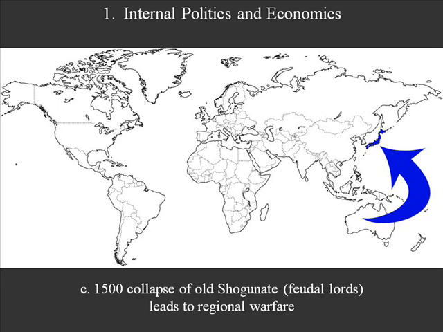Much like in Europe, you attack your neighbor to get his land and property, make it part of your own, therefore you increase your wealth and power. So Japan is experiencing a certain amount of political, social, civil chaos as we walk into the beginning of this course.